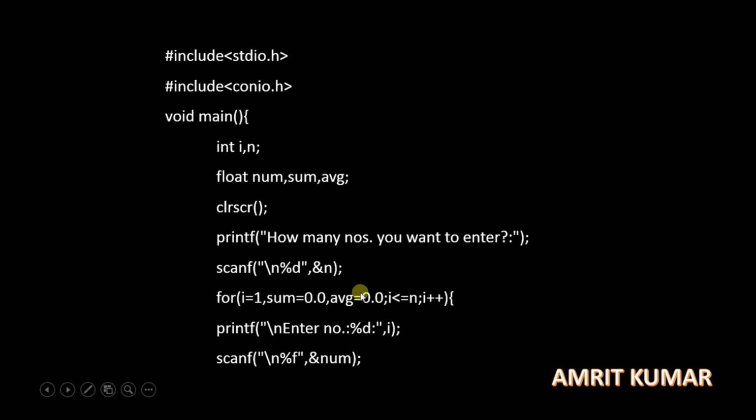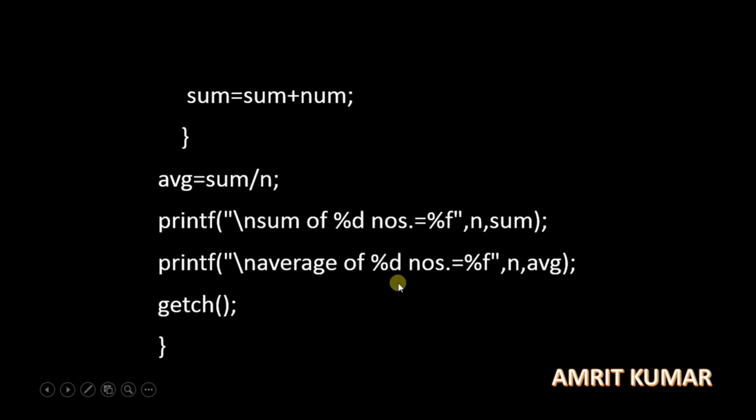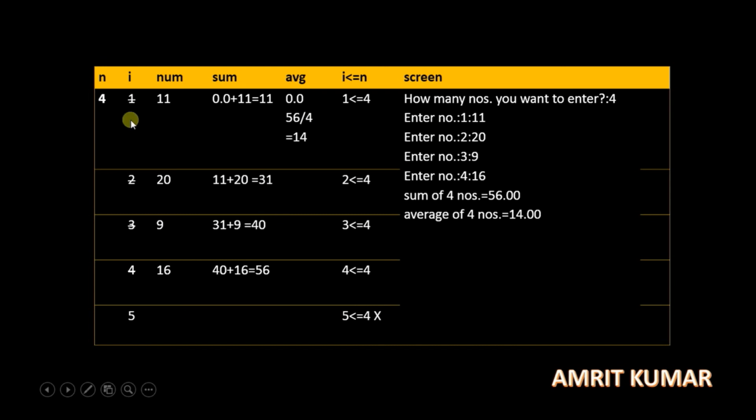So here n is 4, and i is 1. How many times will it execute? It will execute till i becomes 5.